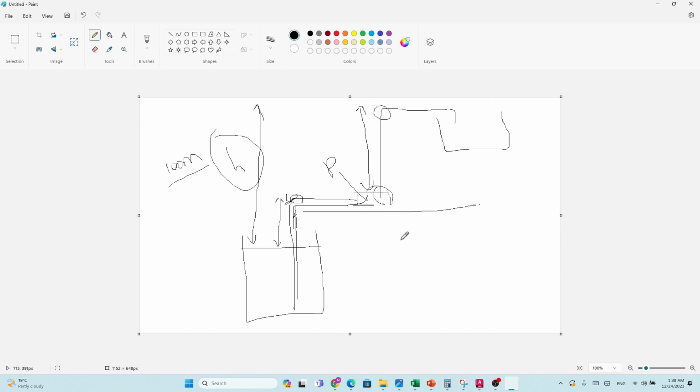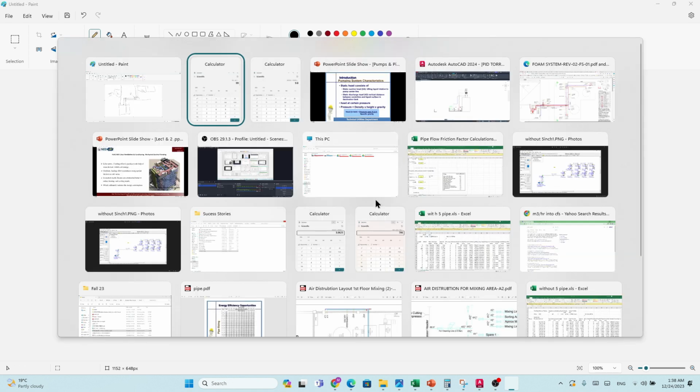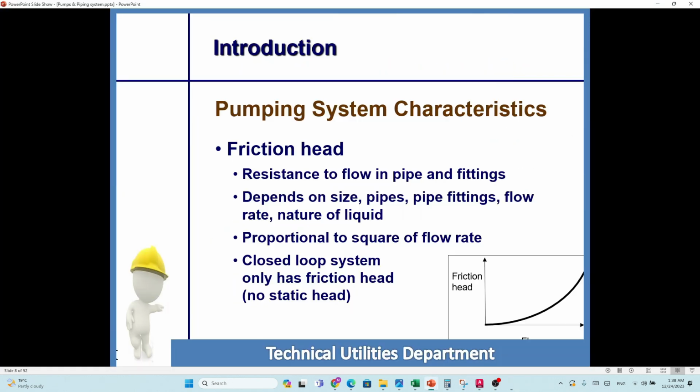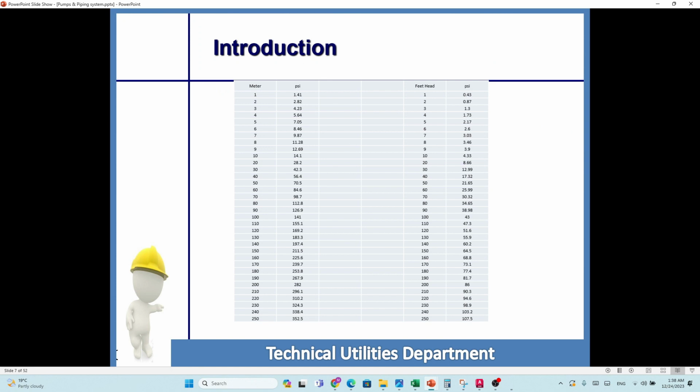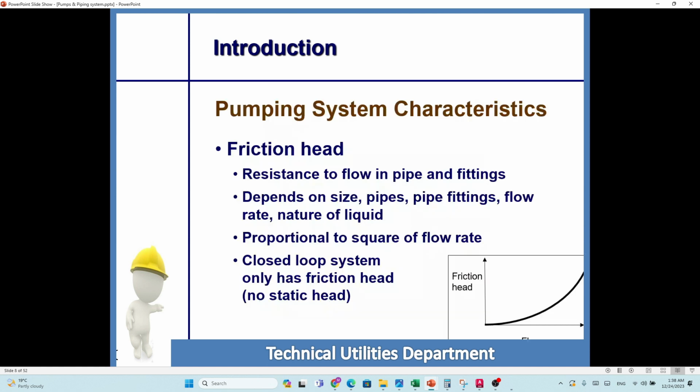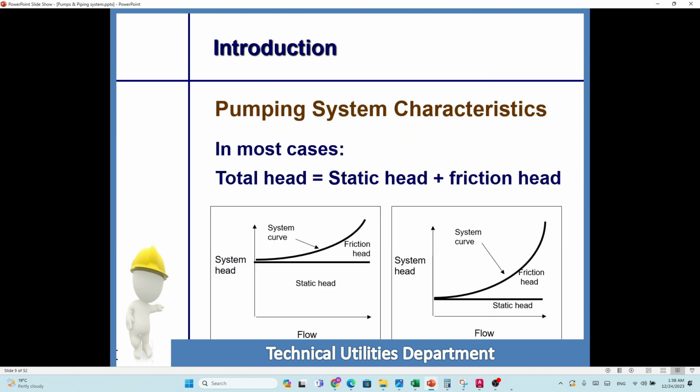So when selecting the diameter of a pipe, you need to understand the friction due to the fittings and the friction due to the length of the pipe. For this, you just need to understand the P is equal to rho g h formula. You can convert pressure into head or head into pressure, vice versa. Okay.